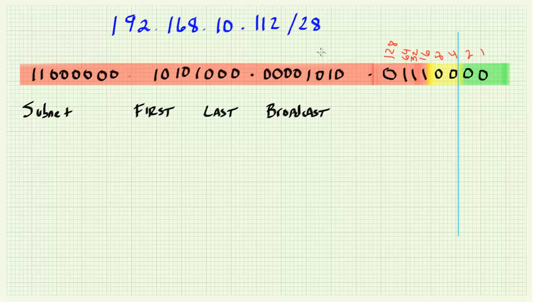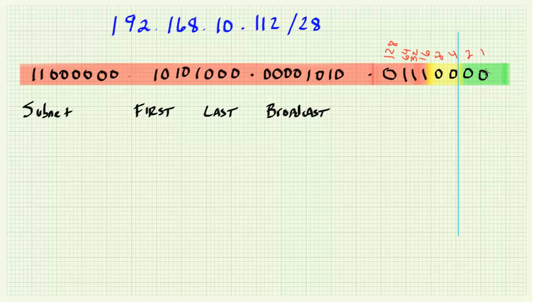Well, look what we've done here. We've got a /28, and where the red stops and the yellow starts, that's the /28 line right there. So we've moved our line over 2 bits this time. We've got 2 subnet bits, where the last couple of times we've only had 1 subnet bit. This time we've got 2, and that gives us 2 to the second power, or 4 subnets, each that can contain 2 to the second power minus 2, or 2 hosts, which works out just perfectly.